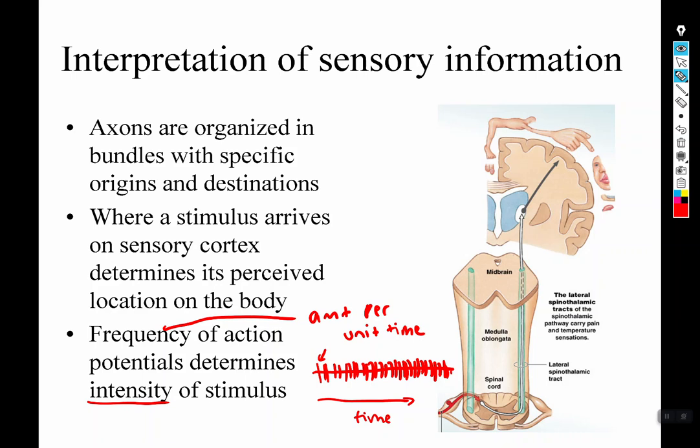So if I had a really cold sensation, it would look like that, and if it was just kind of cold, it would look more like that. This is what we call encoding, meaning it's not good enough to just have an action potential, you have to have a pattern of them that provides information about the amount of the stimulus and other information as well.